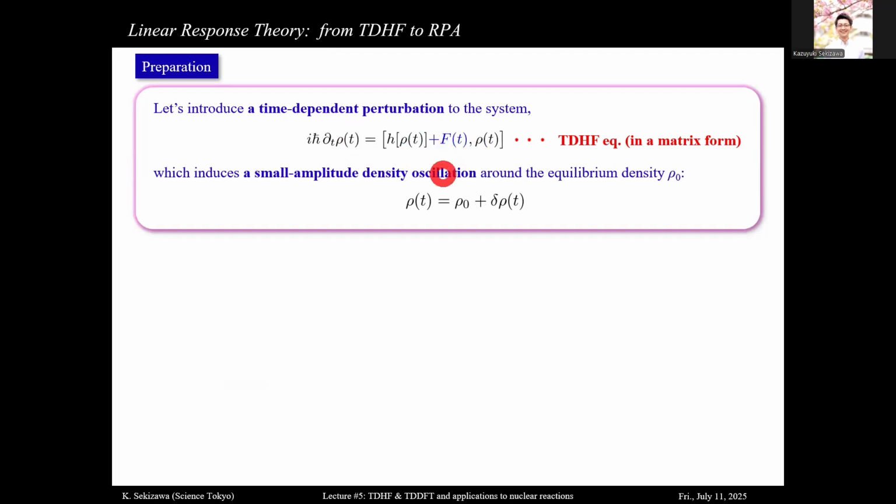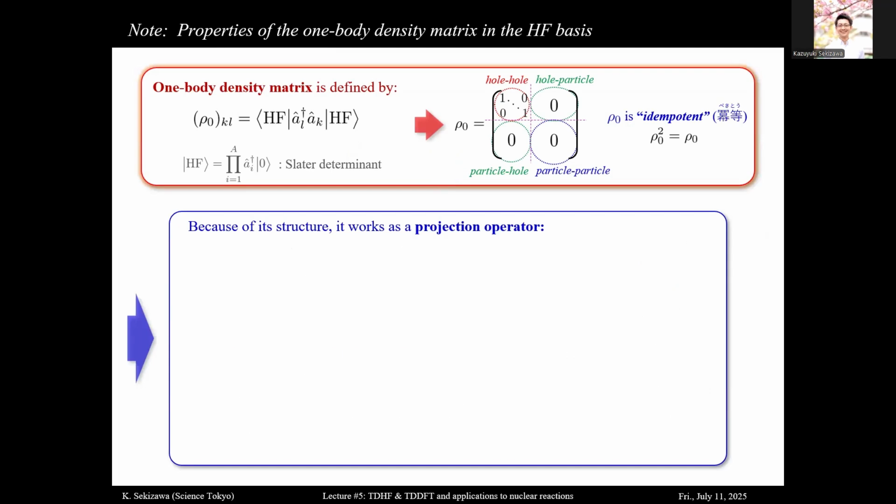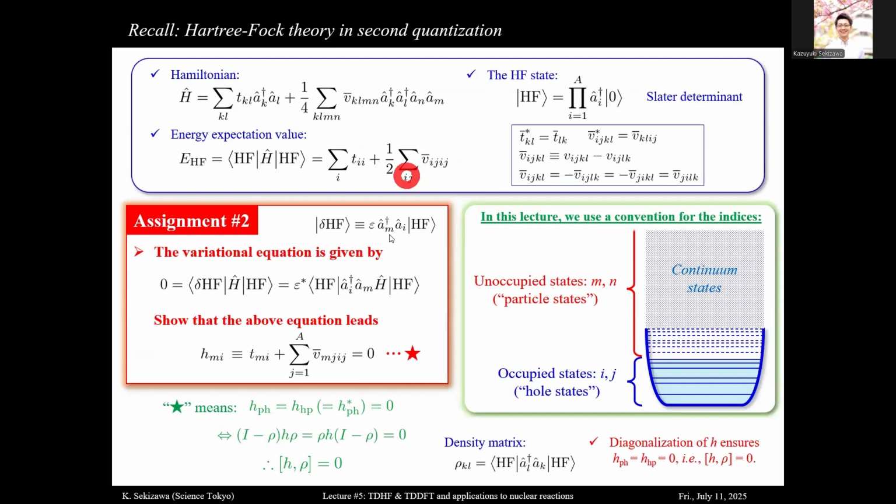Okay, I just remind you, from the variation, you can get that the particle-hole component of the H is 0. And from this relation, you can operate the density matrix from the left and right, using those properties.